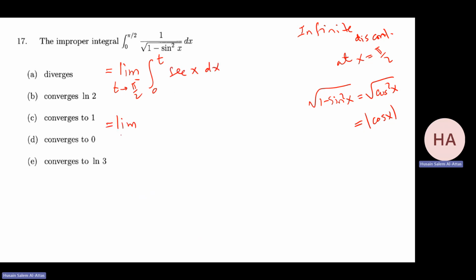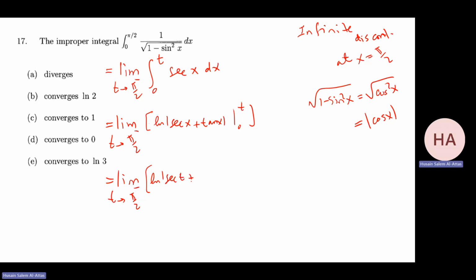That will be limit as t goes to pi over 2 from the left of ln of secant x plus tan x from 0 to t. That gives me limit as t goes to pi over 2 from the left, ln of secant t plus tan t.